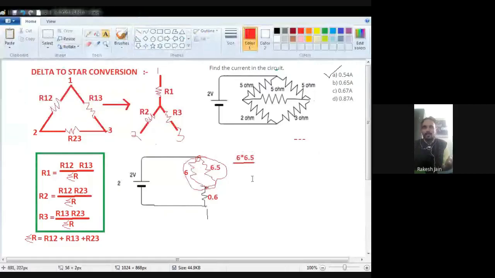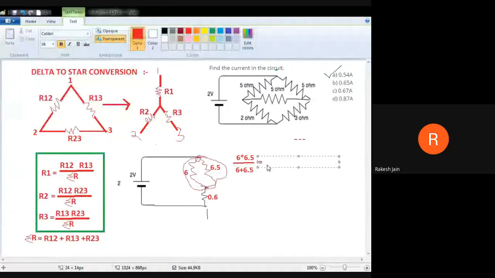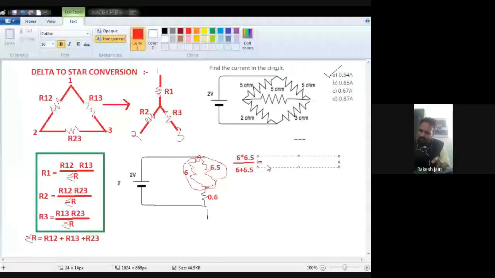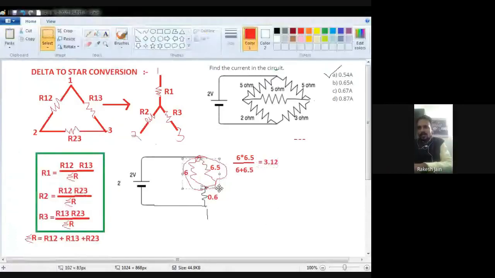Now I remove the right hand calculations, and we are going to solve this. Now see this 5 ohm resistance and this 1.5 ohm resistance, both are connected at this point, and the other point is somewhere else. So they are in series completely. So 5 plus 1.5, that is 6.5.